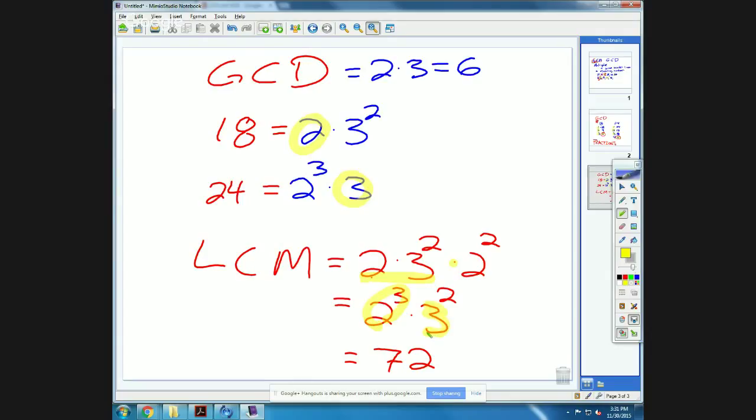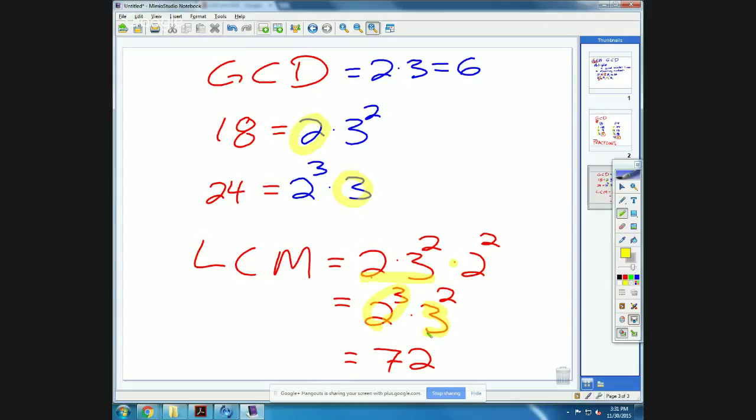The other ones mean I have a multiple of 24. So can you see both 18 and 24 living in here? And again, when we're looking for a multiple, we're not looking for something that's a multiple at the same time. Does 18 go into this number with no remainder? Yeah, 4 times. Does 24 go in there with no remainder? Yeah, 3 times.